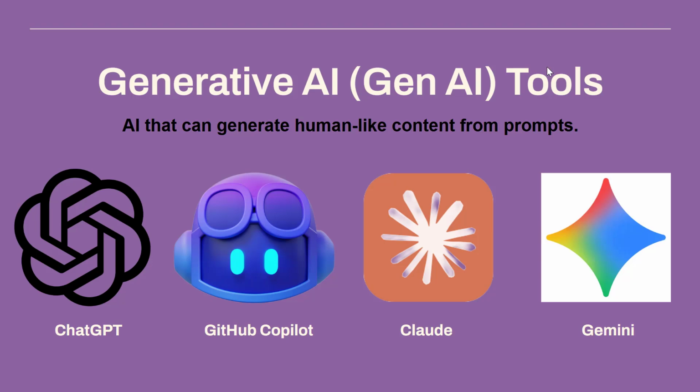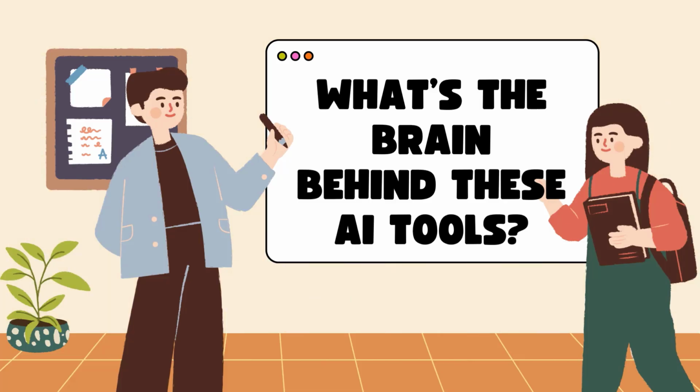All these tools need is a proper prompt from you and they give you an answer. And if you want better or more specific results, then you can guide them further with more prompts. I'm sure that you must have used at least one tool in your life as of now. Have you ever wondered how your favorite AI tools actually give you these answers? What is the brain working behind the scenes?